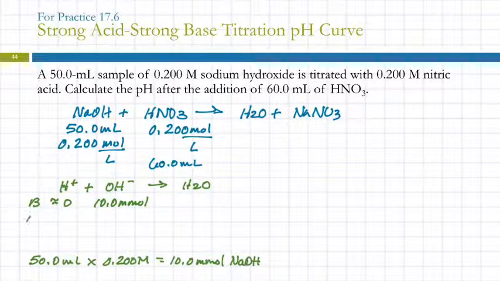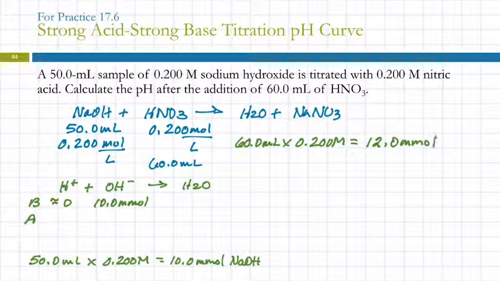The addition, I'm adding acid. I'm adding 60 milliliters of 0.2 molar. 60 milliliters times 0.200 molar is what, 1.2 or 12? 12.0 millimoles. So I'm adding 12 millimoles of acid.